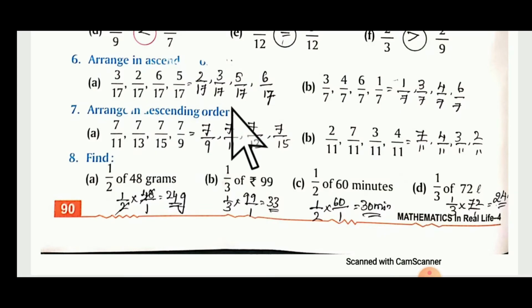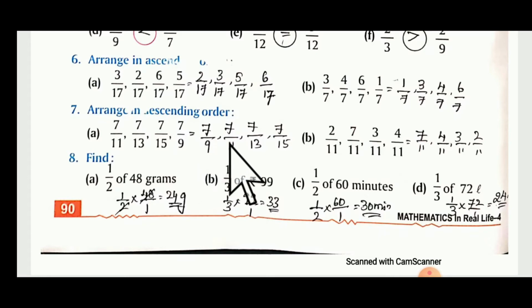Arrange in descending order, that is big to small. See, all the numerators are same and denominators are different. So the first one, bigger one is 7 by 9. That is 9 with a greater part. So 9 is the smallest but it is bigger. Why?